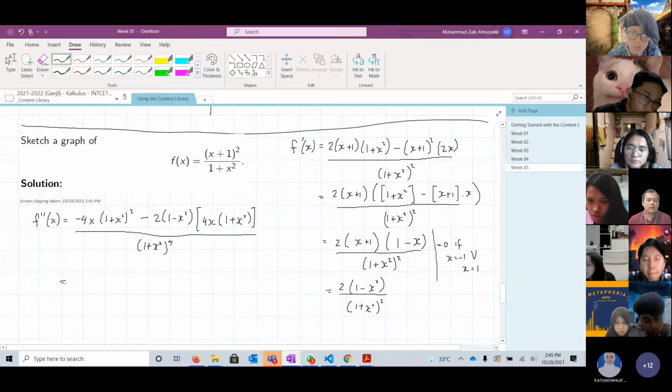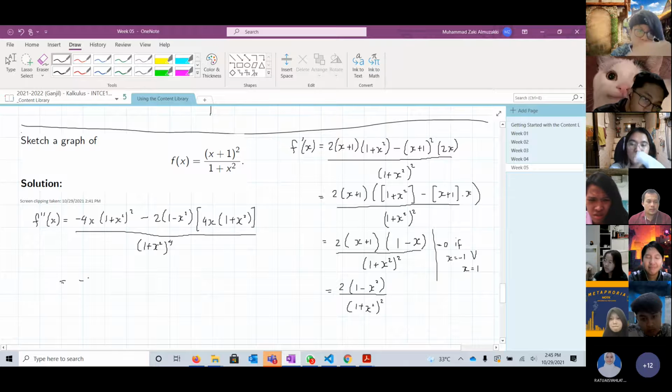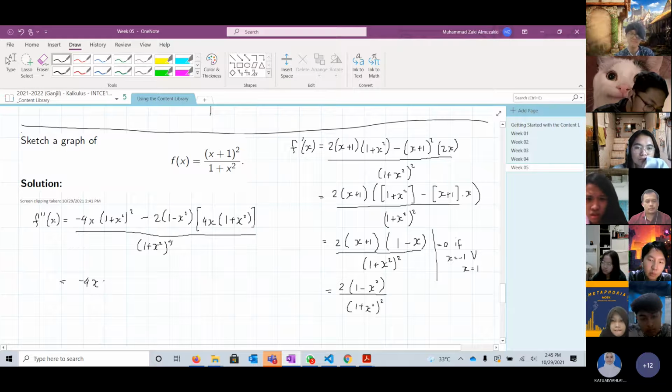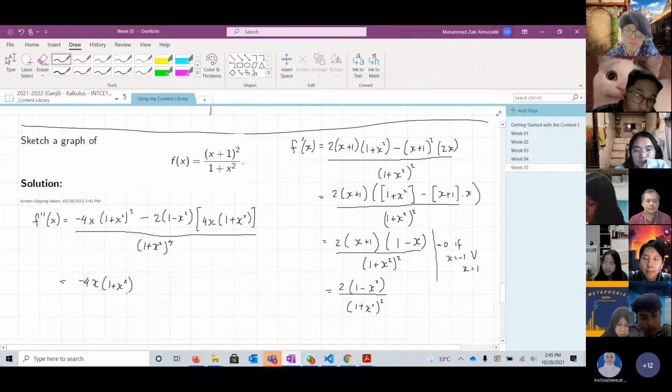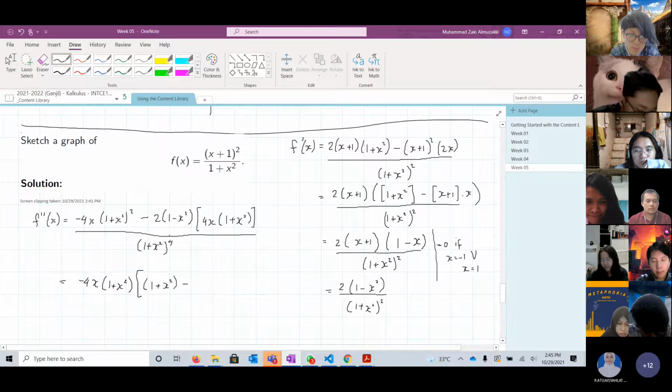So in this case we have that f double prime is equal to, okay, minus 4x times 1 plus x squared multiplied by 1 plus x squared minus 1 plus x squared here, 4x is out.